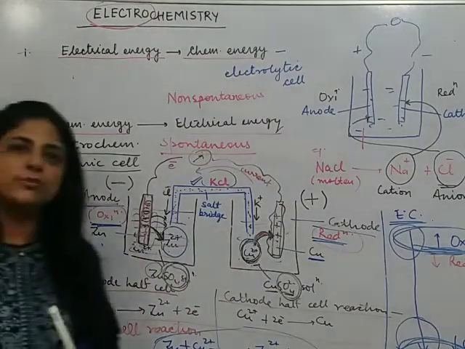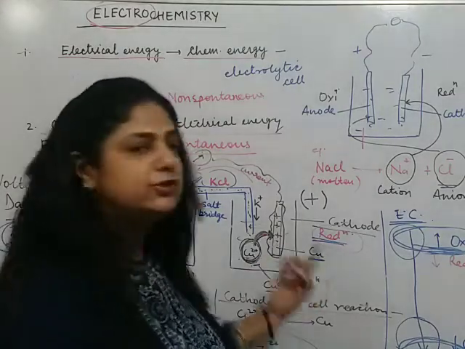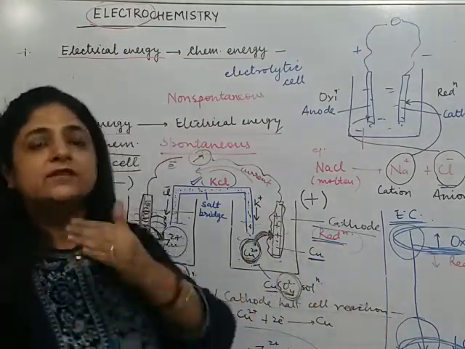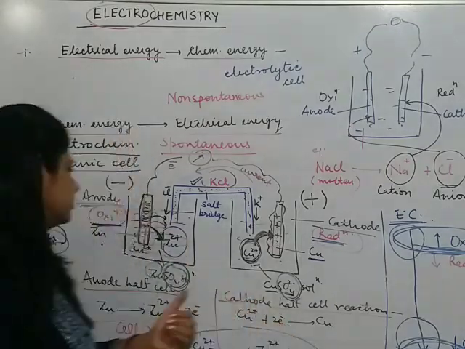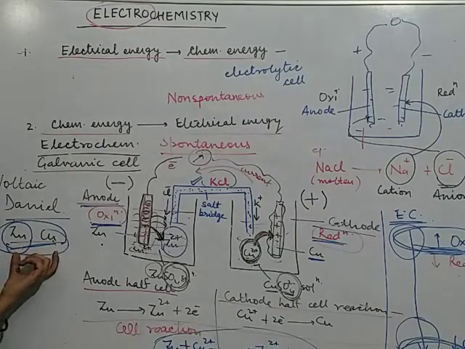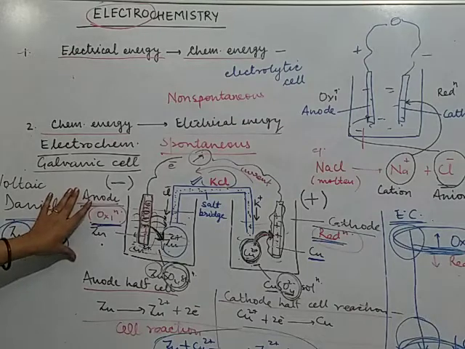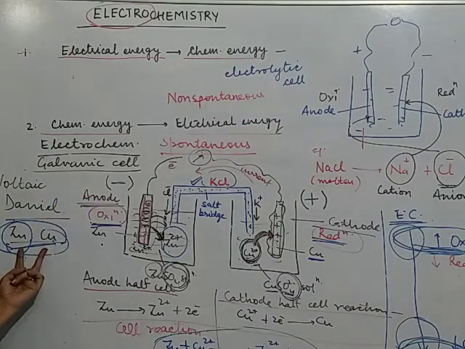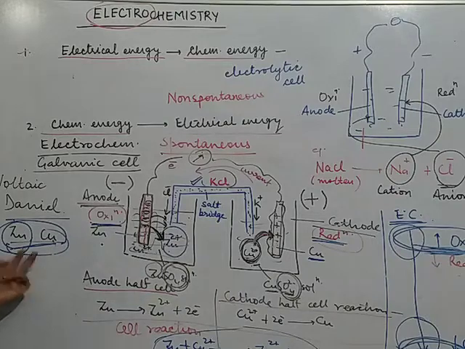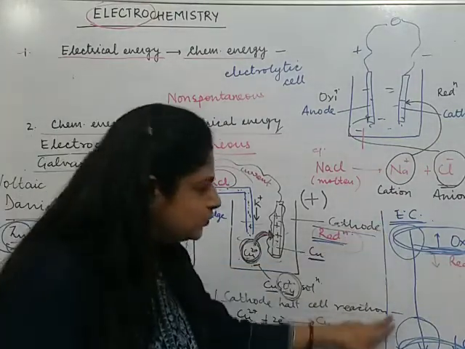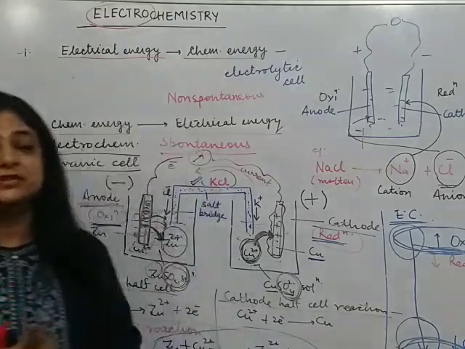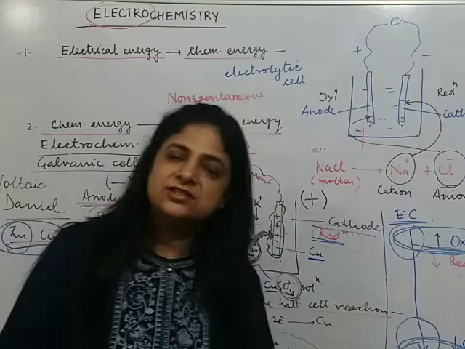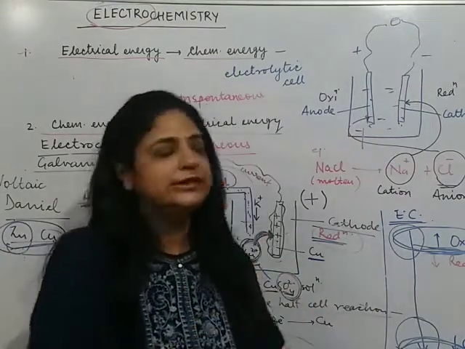A lot of questions in competitions are also asked. They will give you any two metals and you have to decide which of them will act as cathode and which of them will act as anode. So for any two metallic elements taken for the cell, you have to see which of them will act as cathode or anode. We just discussed we can decide it with the help of the electrochemical series. We can decide it on the basis of their electrode potentials, reduction potential also, which we are going to learn further.